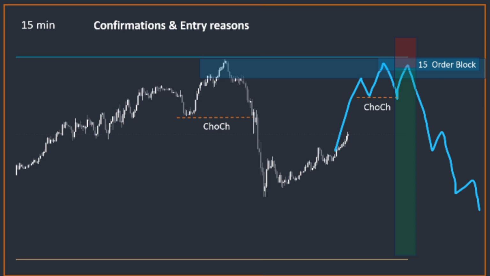This is a very simple strategy that beginners can easily follow. You analyze from the higher time frame to the lowest time frame. You draw your key levels, you draw your other levels, and then as you go down from the 4 hours time frame, you apply your smart money concept, looking for your supply and demand areas, your fair value gaps, your order blocks, and then you go down to your 1 hour time frame.